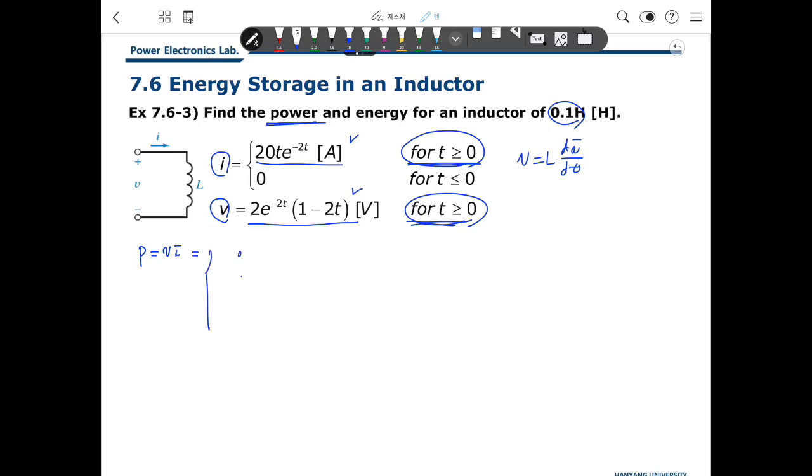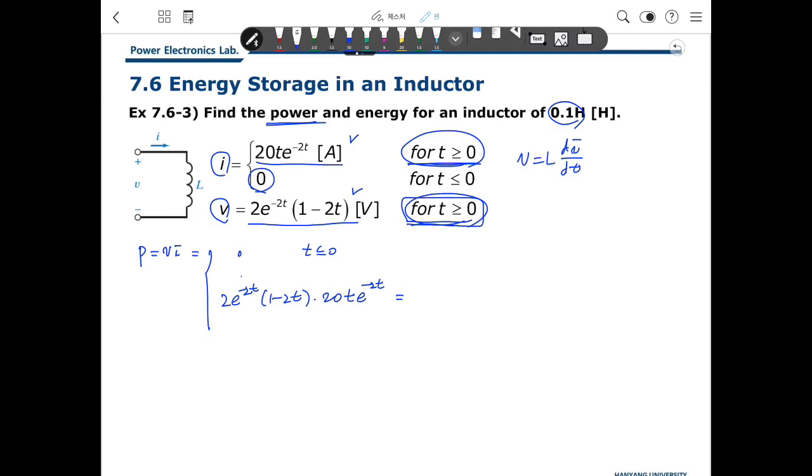So this is 0 for t smaller than 0. Why? Because of that. Then when t is from 0, then V is here, and the current is 20t exponential here.